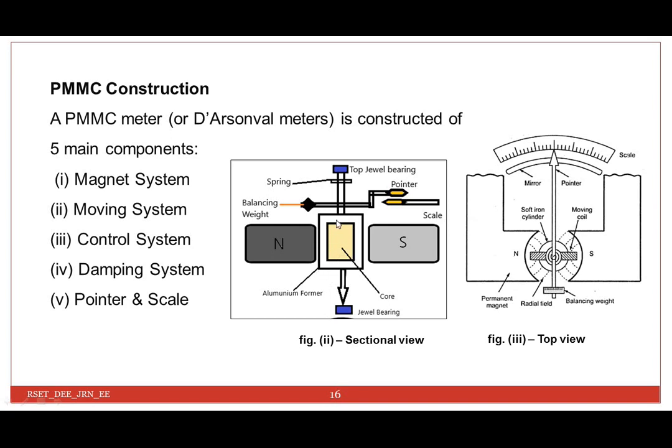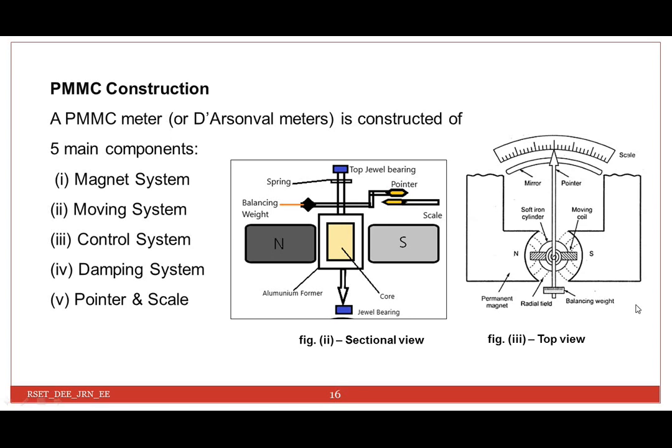So at the center of the moving system, you can see a soft iron core over which is an aluminum former, and above that you can find the coil. Now this is a spindle and this is a pointer, and the controlling torque is provided by the spring. And this is mounted on jewel bearings, and this is the scale, and here you will be having the mirror.